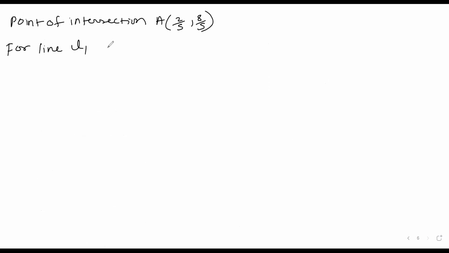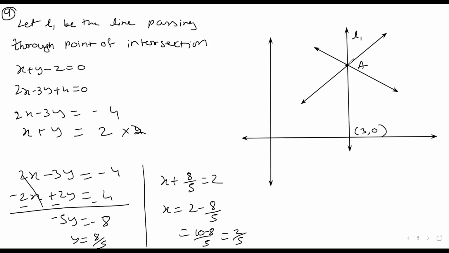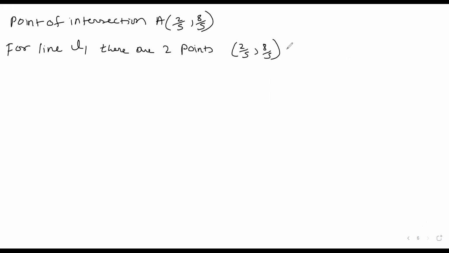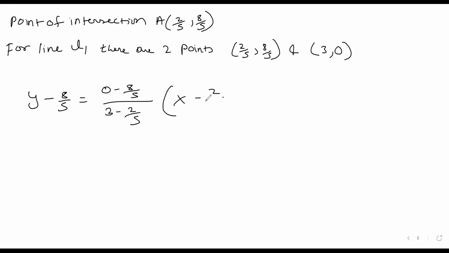For line L1, there are 2 points: (2 by 5, 8 by 5), because on line L1 you have this point, and you have this point (3, 0). So by two-point form, it will be y minus y1 is equal to (0 minus 8 by 5) upon (3 minus 2 by 5) into (x minus 2 by 5).